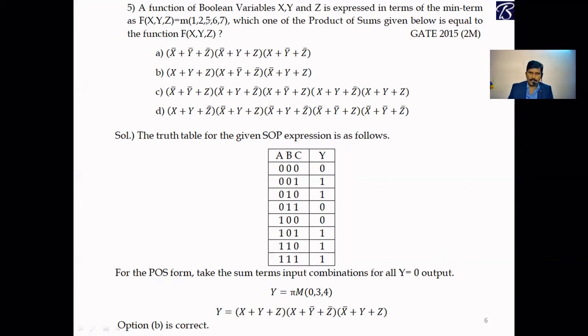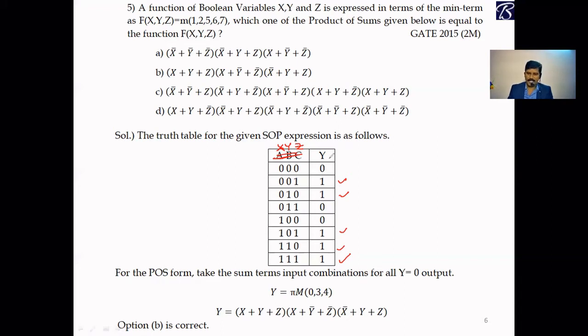So 1, 2, 5, 6, 7 min terms. You write X, Y, Z instead of ABC here because the given input variables are X, Y, Z. So now this is the given SOP form: 1, 1, 1, 1, 1.